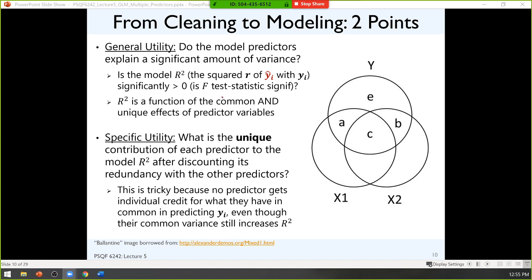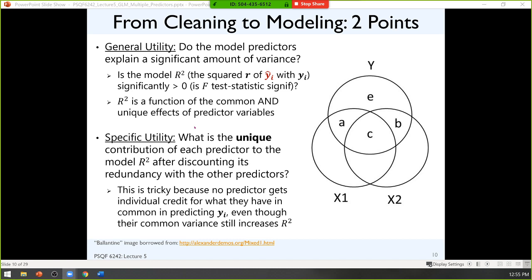So when we have more than one predictor, we have to be able to divvy up in the same way as in the Nintendo games, who is responsible for what. And so we still want to know on the whole how good the model is, meaning what is my R square? Like how good of a quality of prediction did it take?